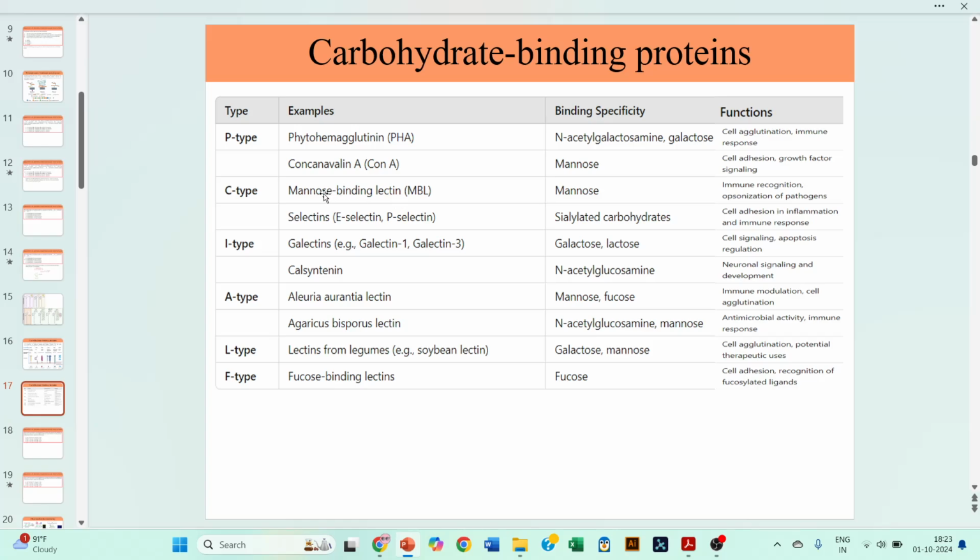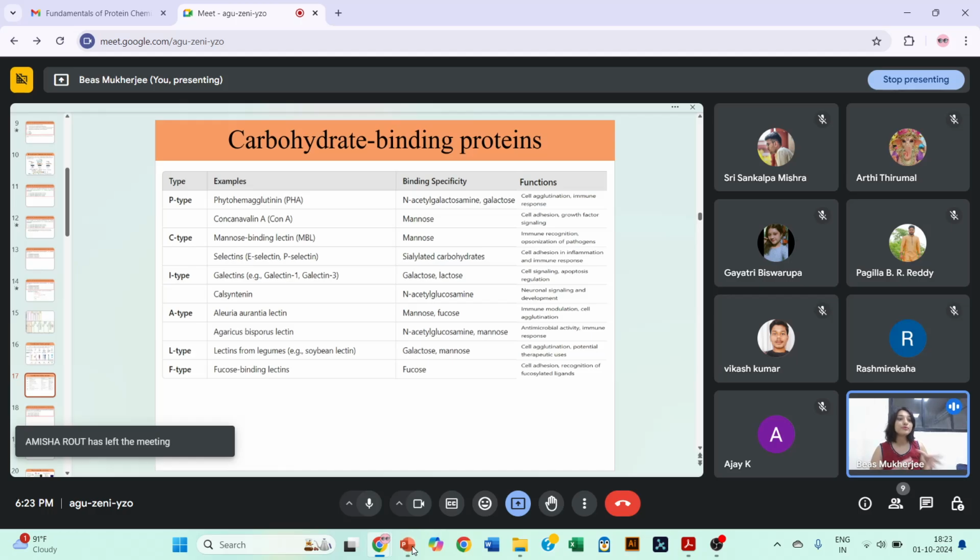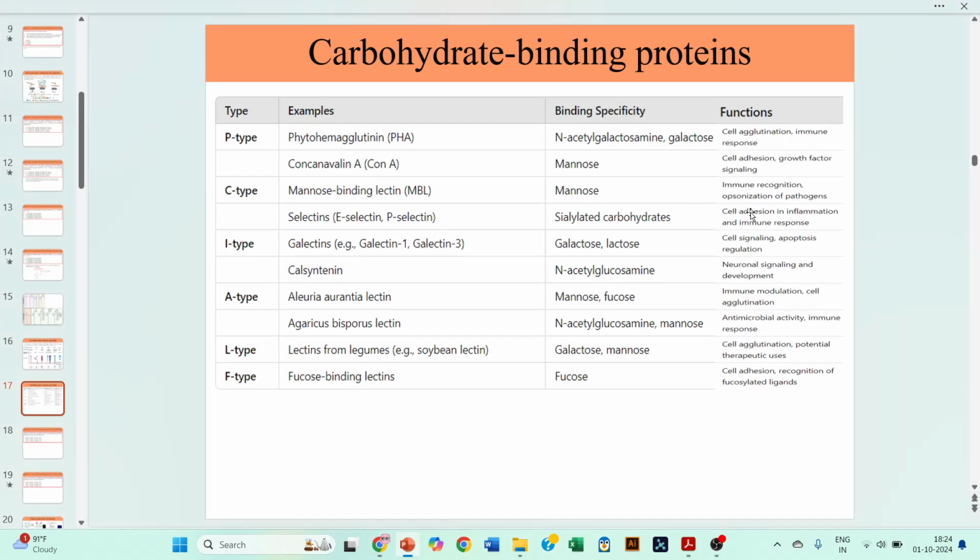Right. So, mannose binding protein is also very important in biotechnology for purification of maybe mannose containing components. Okay. So, immune response, and we also have cell adhesion.